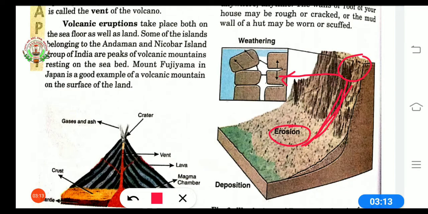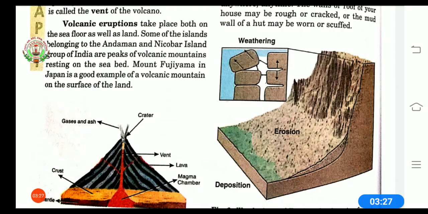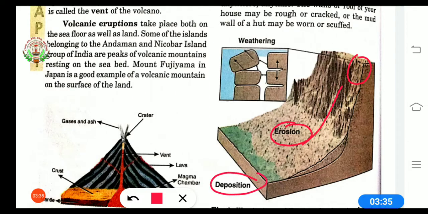Here it is erosion. So the small particles will be eroded, and after erosion they will be deposited here like this. So we have three processes here. First is weathering, then erosion, and third is deposition.